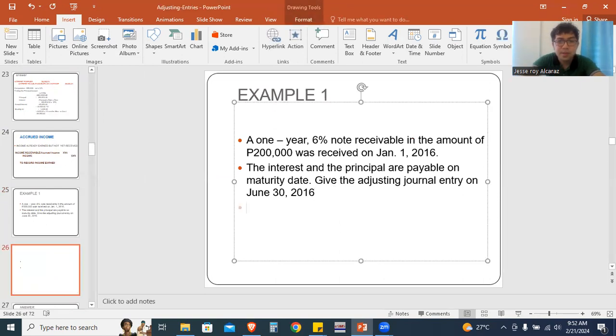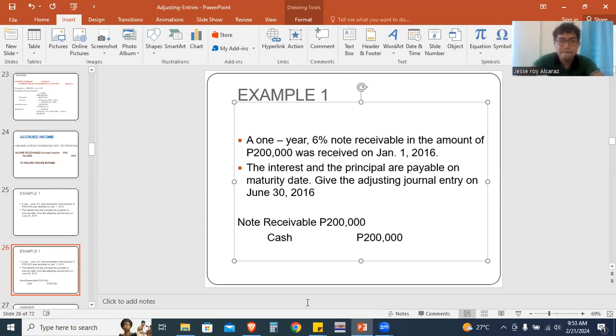Okay. So the entry to record that one is, of course, when pag sinabing note receivable, okay, nagpagawas to o kwarta. Okay, we have released an amount of money amounting to 200,000. Therefore, it will require a credit of cash, 200,000, and then the debit note receivable, 200,000 as well.